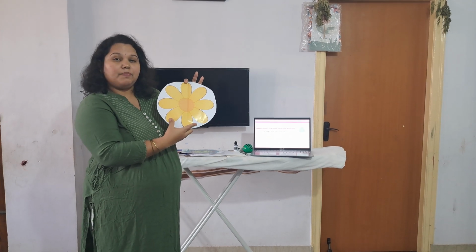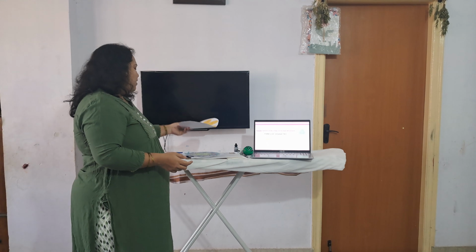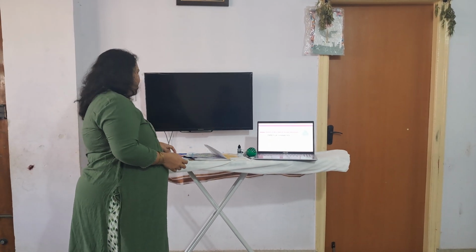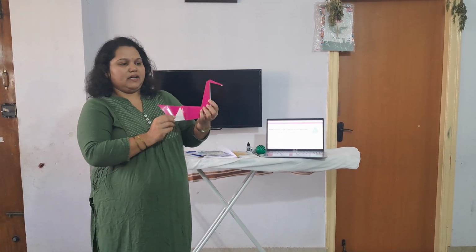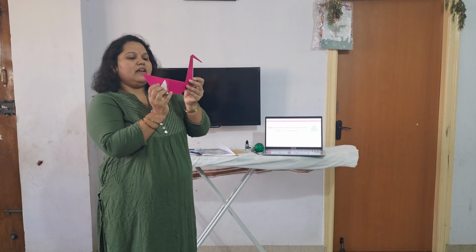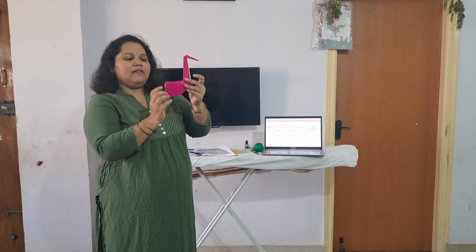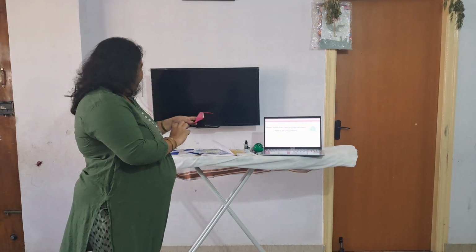Then this is also a perfect example of a symmetrical image. Now I want to show you one more example, a non-symmetrical image. See, this is the bird. If I fold this bird, can we cover it equally? No. So this is called a non-symmetrical image.